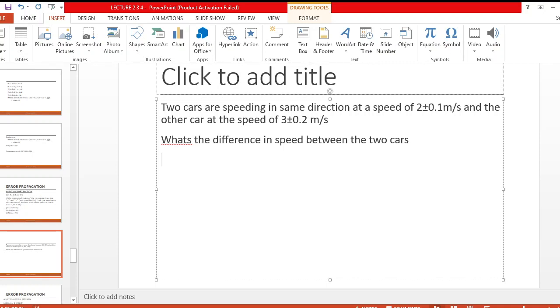So if you want to find the difference in speed between the two cars, it means that we subtract the speeds, and when you want to quote the error, you add the errors. So the difference in speed will be equal to 3 minus 2.